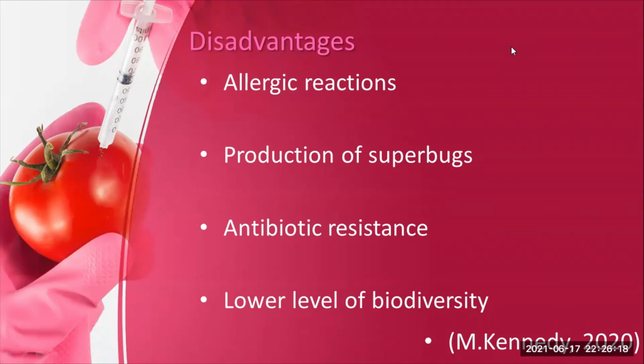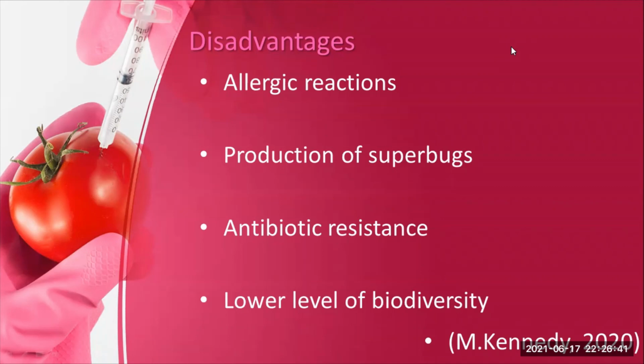Another disadvantage is the production of superbugs. As we know, insects are highly adaptable to their environment, and if they become resistant to, for example, the bacterial toxin, they would become much harder to control. Another disadvantage is antibiotic resistance.